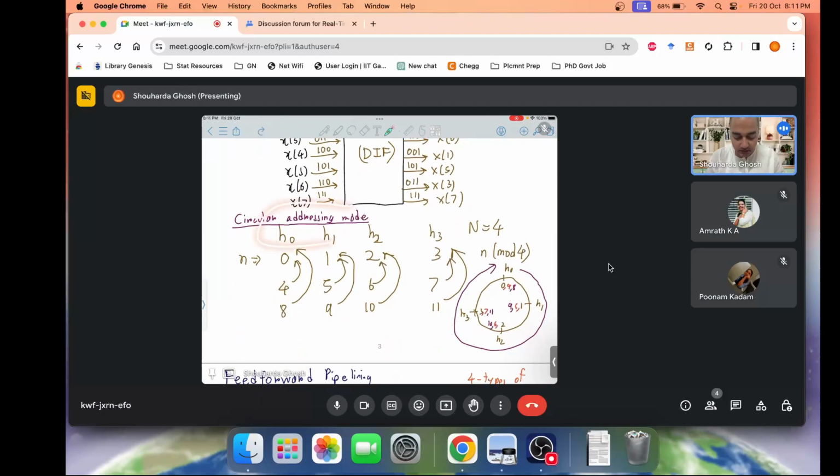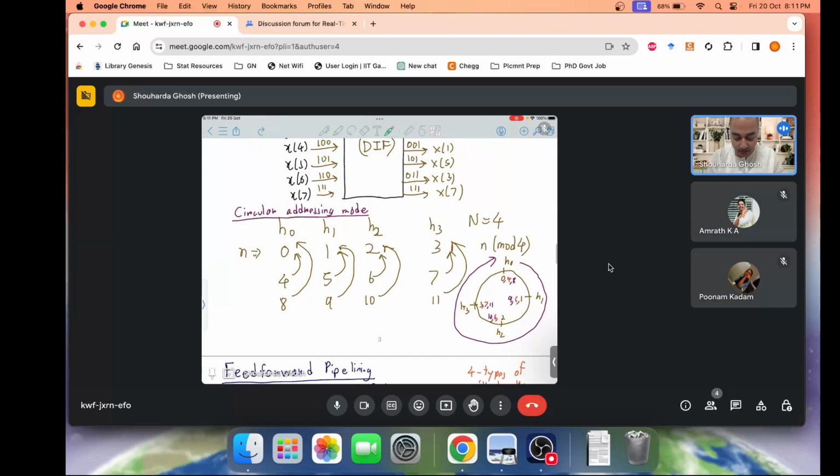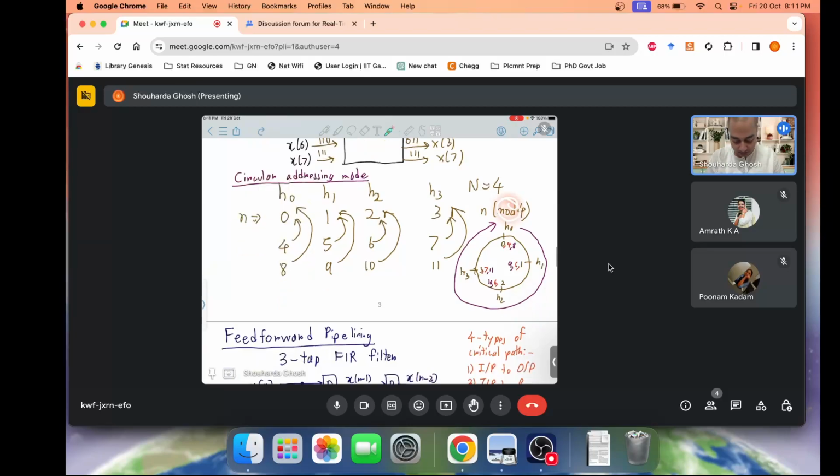Circular addressing mode finds use in FIR filters, where you have, say, in the equation h0 x[n] plus h1 x[n minus 1] and so on. As samples keep coming and n keeps moving, you need to repeat the multiplication with the same indices after the filter length. That's how we talk about the modulo structure.